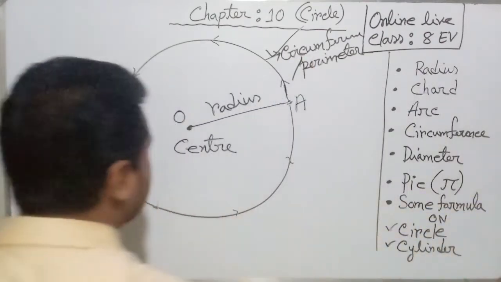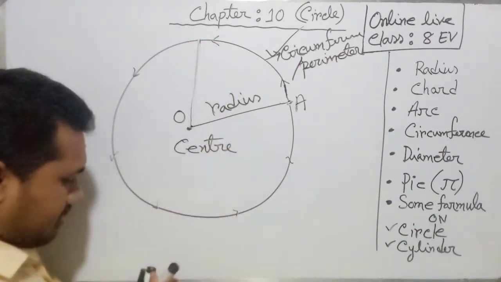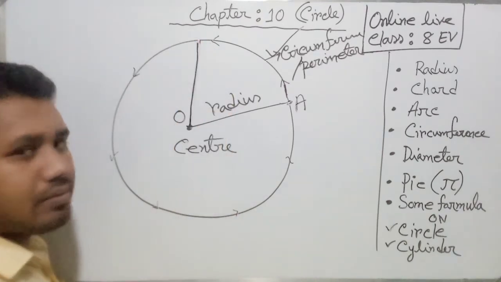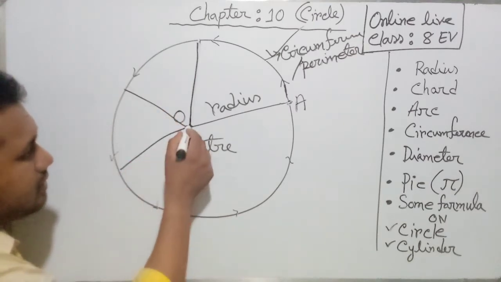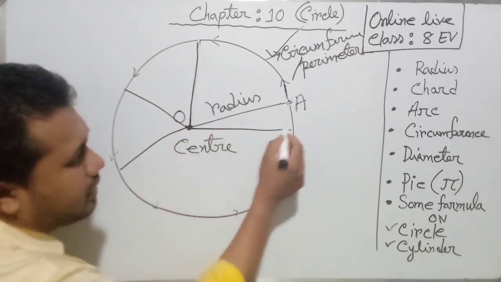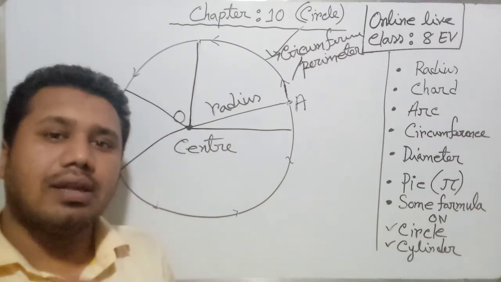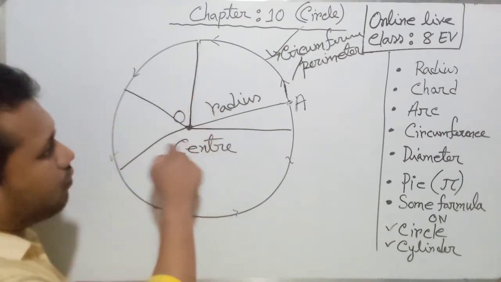Now dear students, if we draw more radii, look, this is a radius, this is a radius, this is a radius. That means in a circle we can draw unlimited radii.